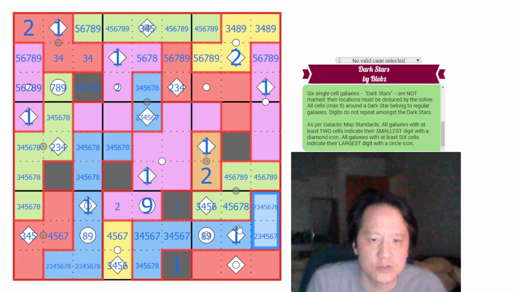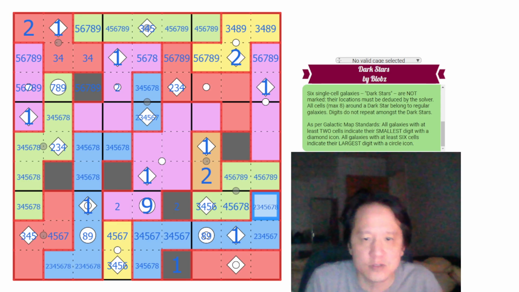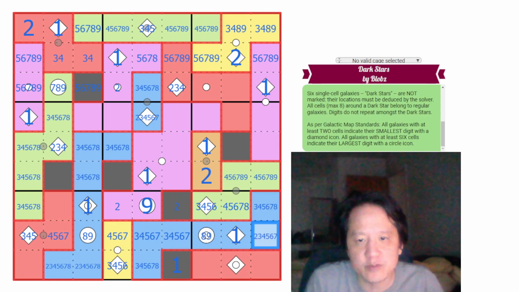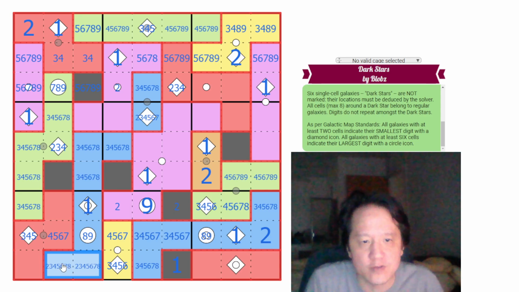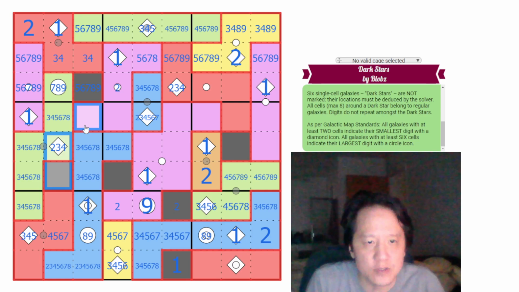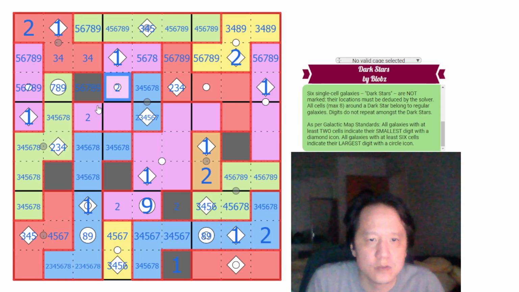So this is 2. This can't be 2, so this can't be 2 either. So this has to be the 2. So this is 2. We have a 2 here. This could be 2. This could be 2. So the 2 has to be one of those 2.